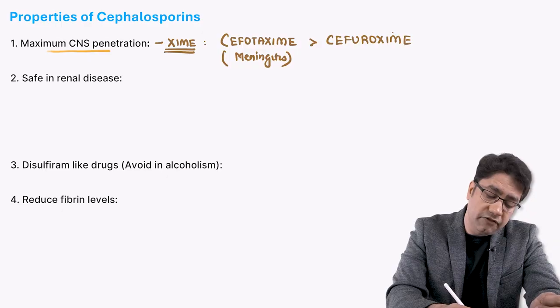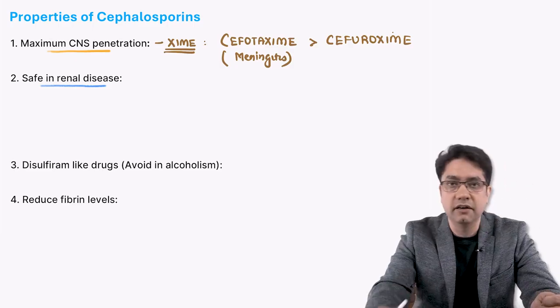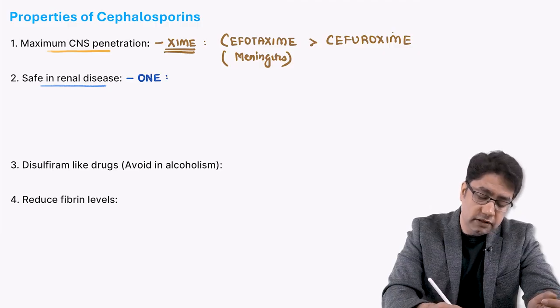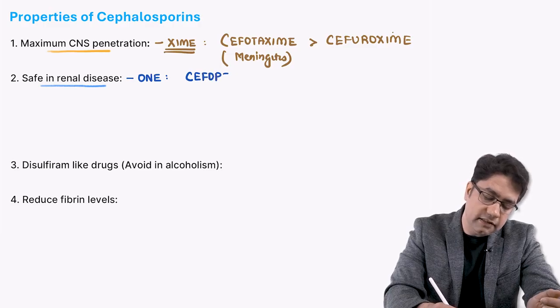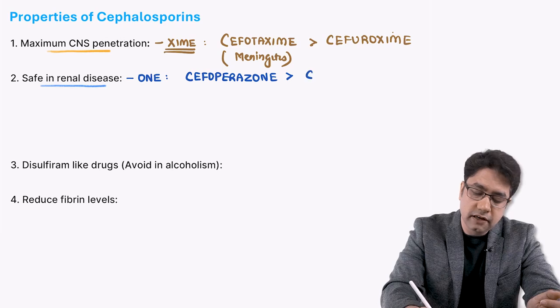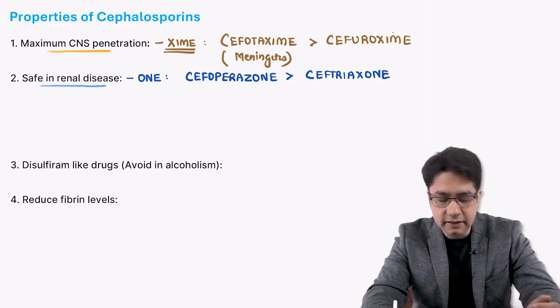Now, which cephalosporin is safe in renal disease patient? So in this case, just identify the word "on". So safest cephalosporin in renal disease is cefoperazone. And if cefoperazone is not given in the option, go with ceftriaxone. So one question arises, sir, why they are safe in renal disease?